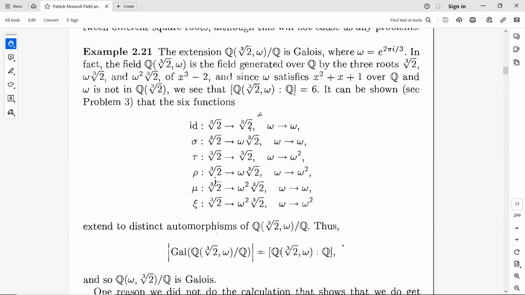Let me just do this. So it can be shown that these 6 functions extend to distinct automorphisms of this, and thus the size of the Galois group is equal to the size of the extension. And so this is Galois.